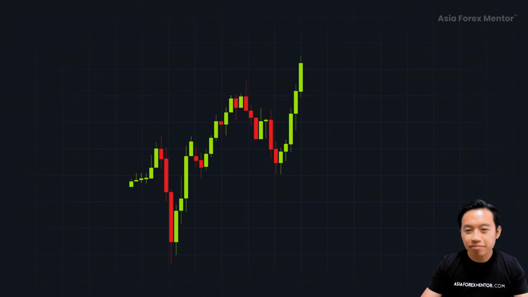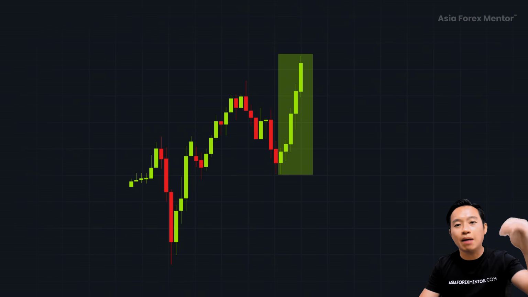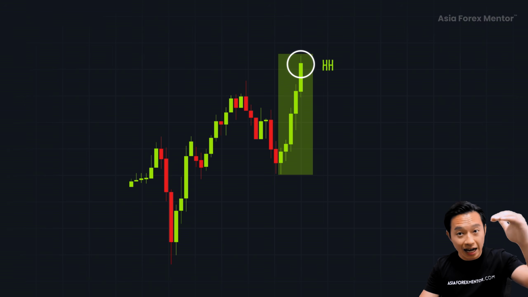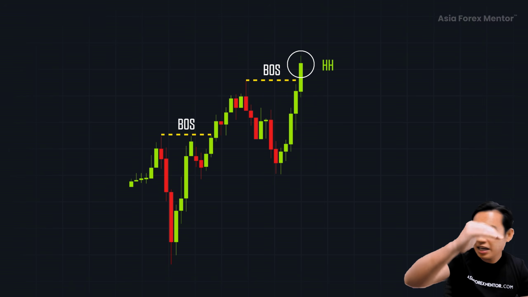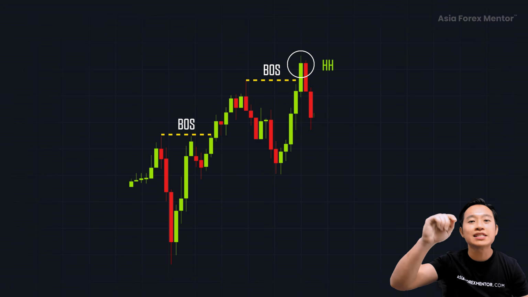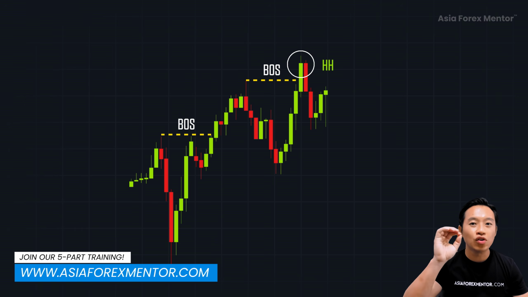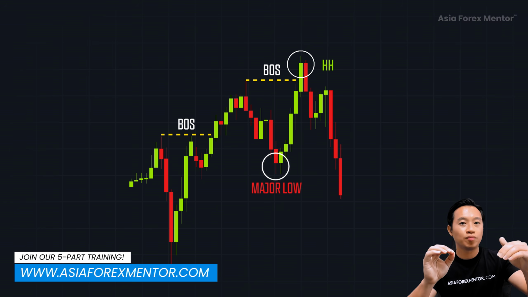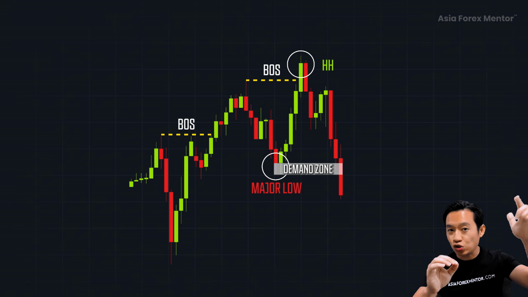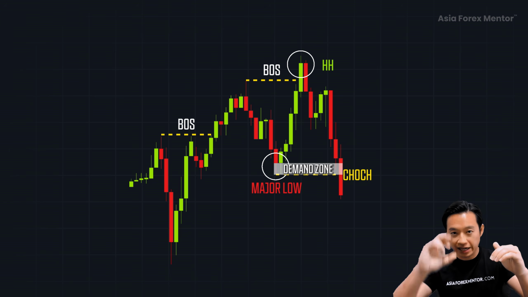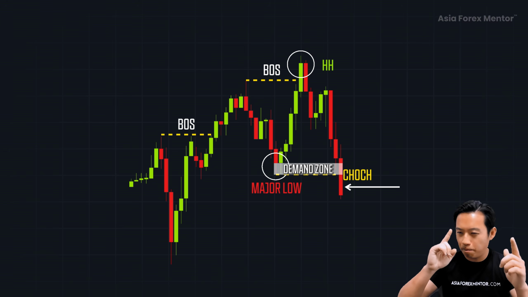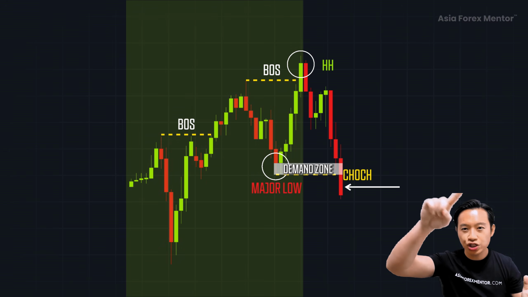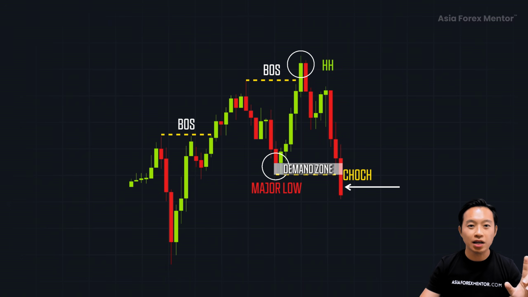A change of character occurs when the price, say after an uptrend with higher highs and a break of structure, breaks and closes below the most recent major low and the demand zone, with a candle body closing below it. This signals a potential shift from bullish to bearish momentum.